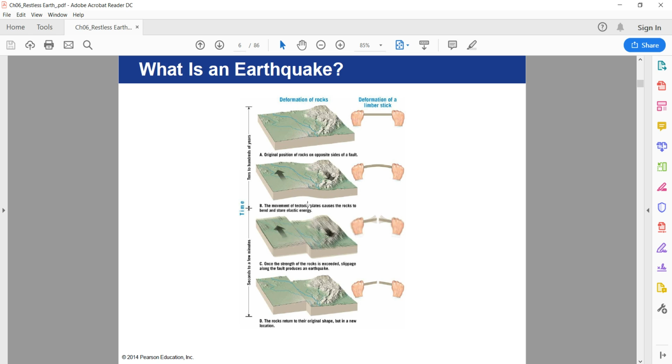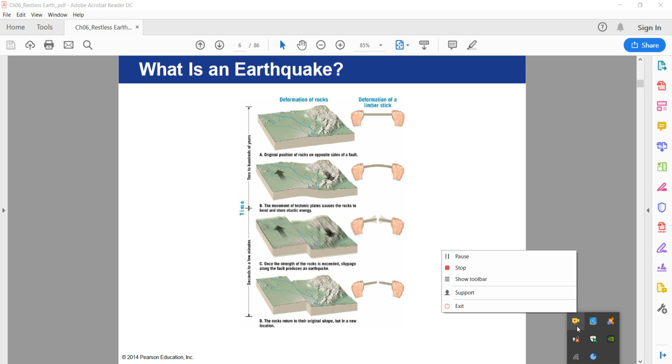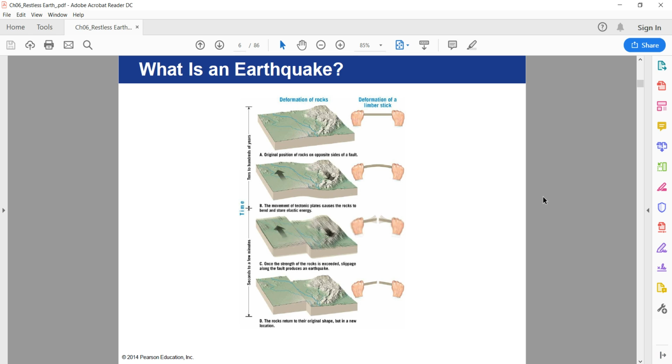So these two plates are trying to slide against each other, but the friction does not allow them to slide. So the stress will start to build, and as the stress continues to grow, a time will come when the stress can finally overcome the frictional force.